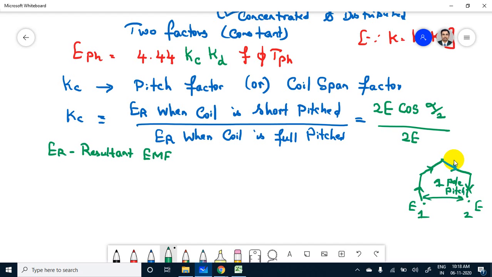What is the angle of these two coils? Yesterday's class mentioned it: 180 degrees. Good. And here you see the notation alpha. This alpha stands for short pitch angle.